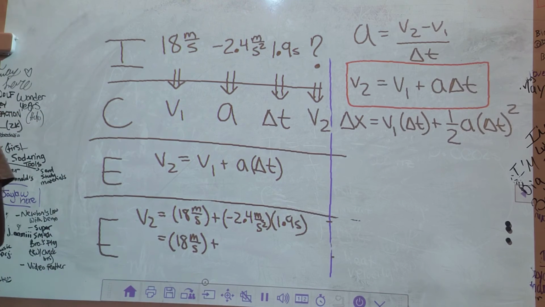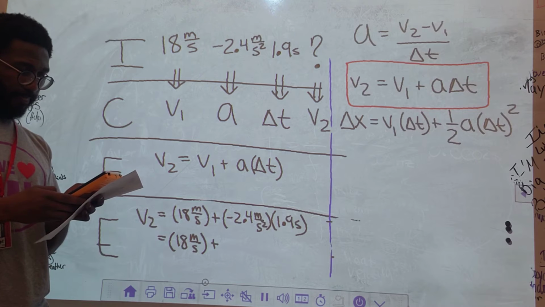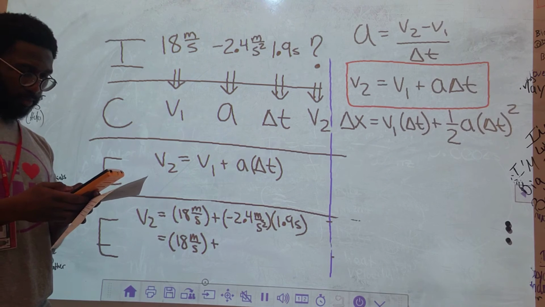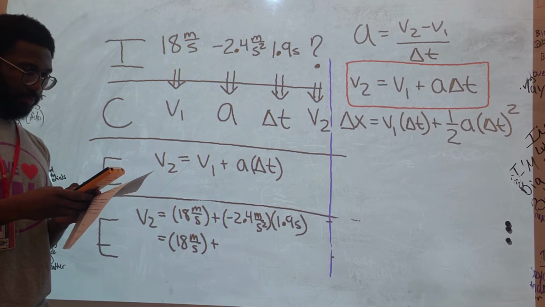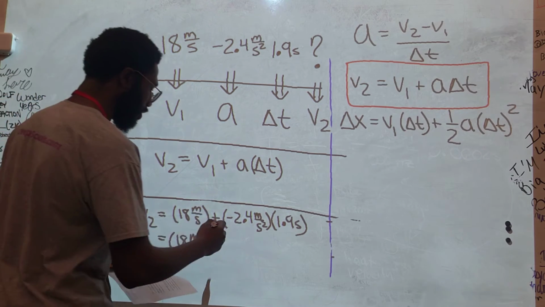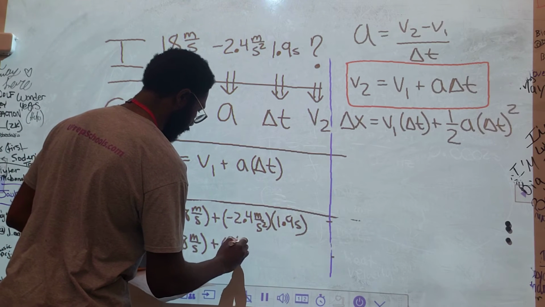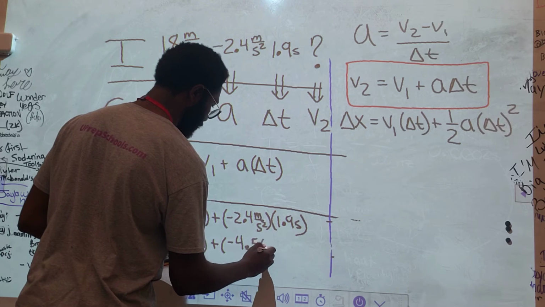we're going to do this multiplication here, which is negative 2.4, let me go ahead and write that. Negative 2.4 times 1.9. All right, so that's going to give us negative 4.56.